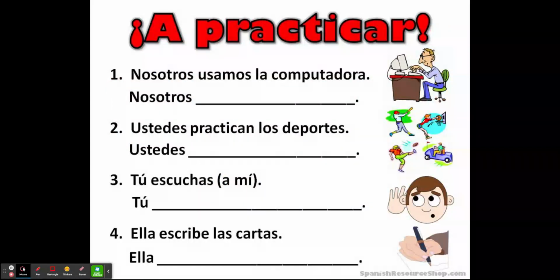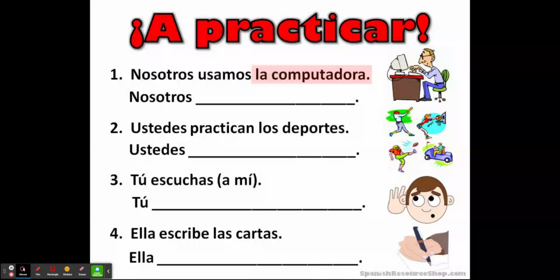Let's take a look. Complete this. Simplify the following sentences. First, you have to identify the direct object. Nosotros usamos, what do we use? ¿Qué usamos? You have to ask that question.